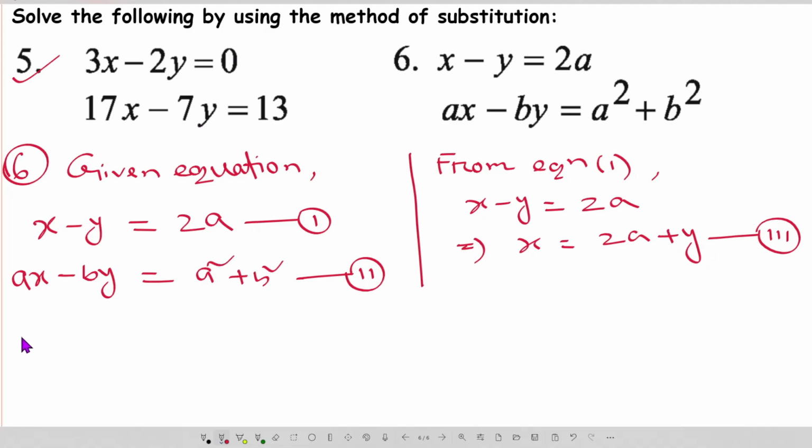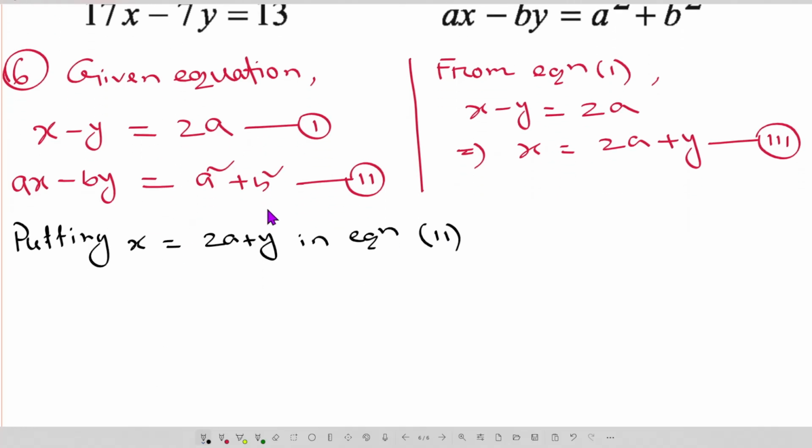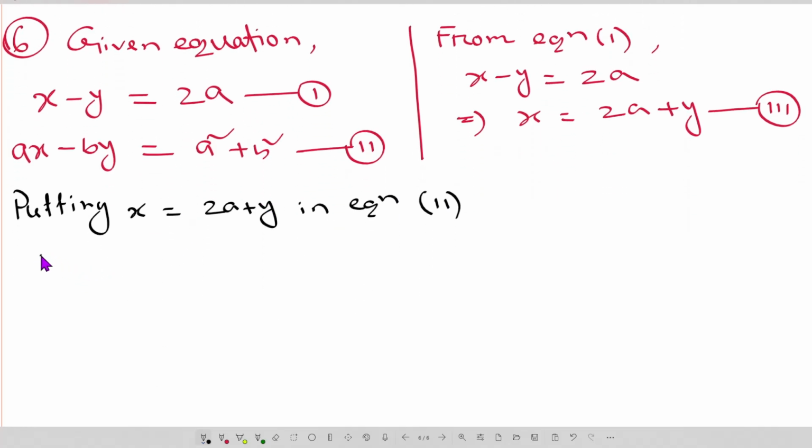So we can write, putting x equals 2a plus y in equation 2. Here is ax minus by equals a square plus b square.